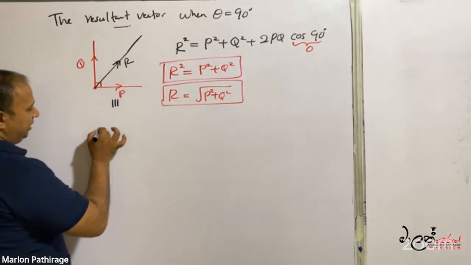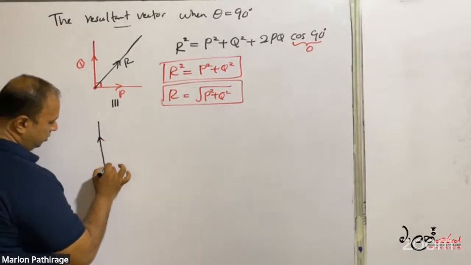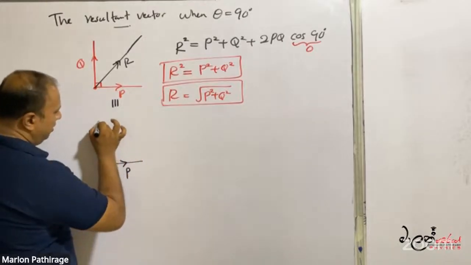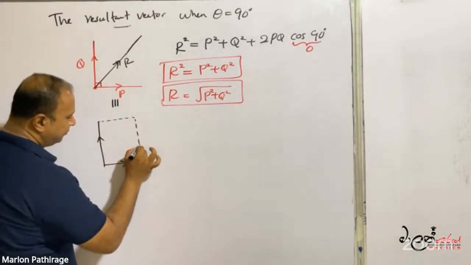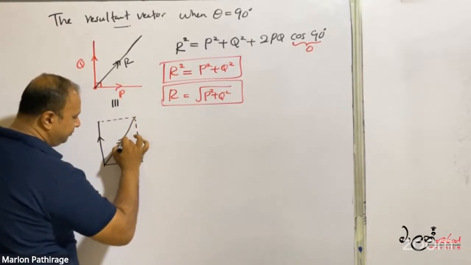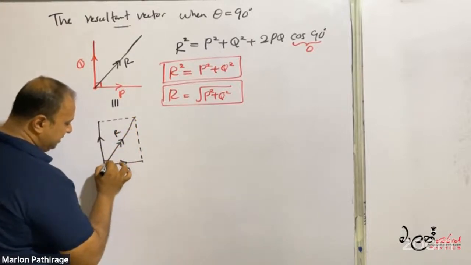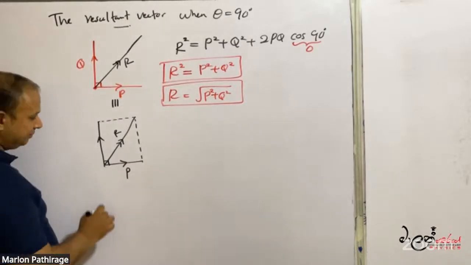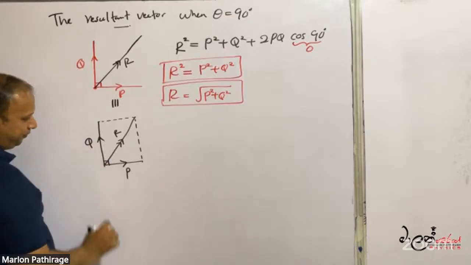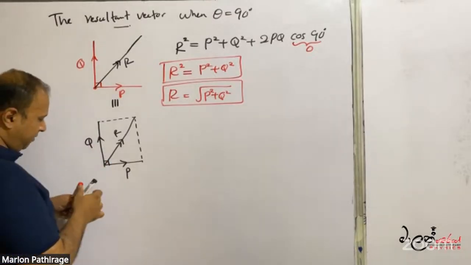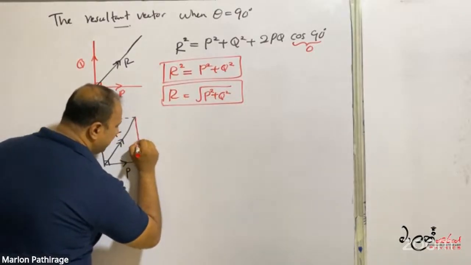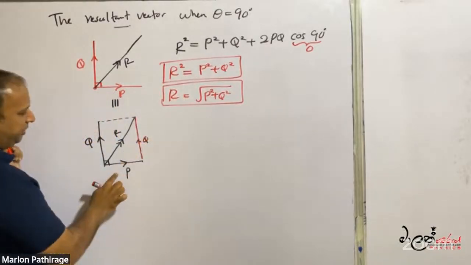If you complete the parallelogram, definitely, this is the parallelogram. Now this angle is 90. This is Q. Therefore, this side also would be Q. This side also Q. P, Q.